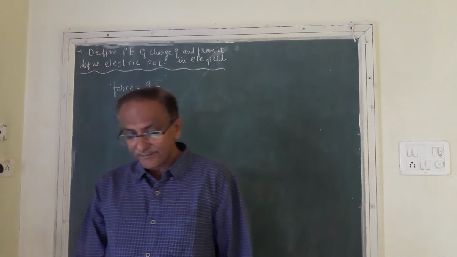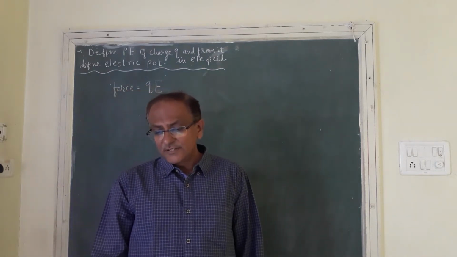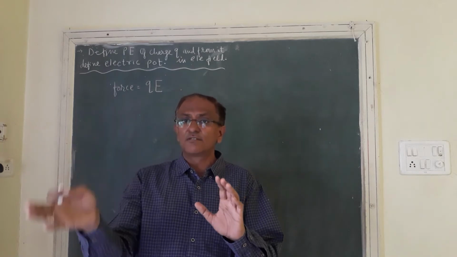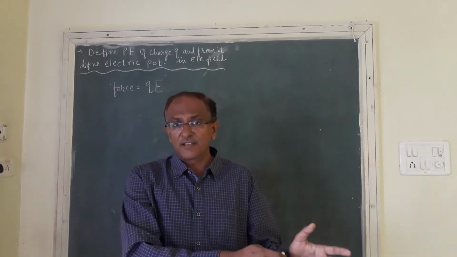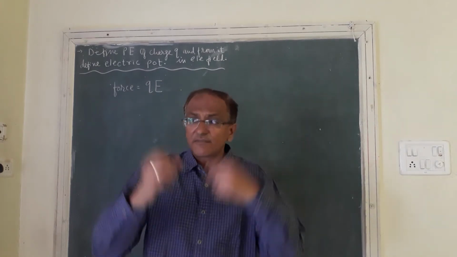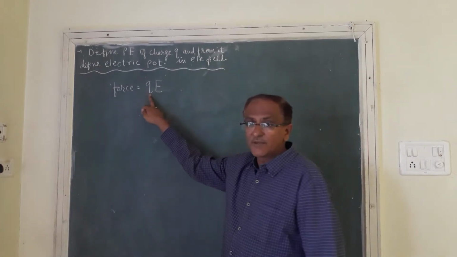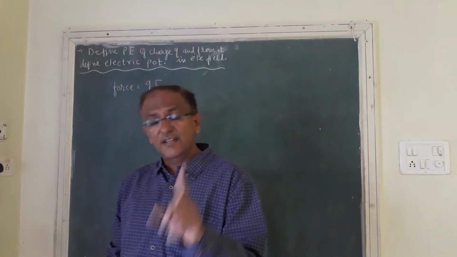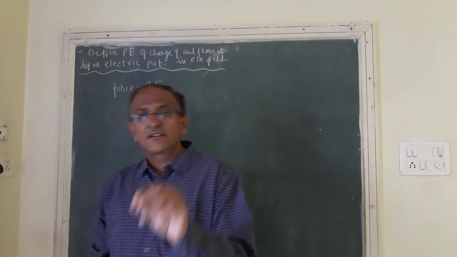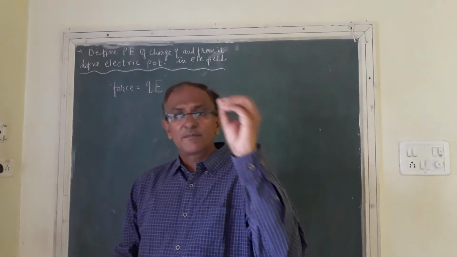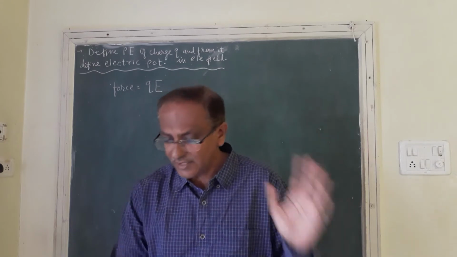Now whatever is the work done when you are taking the charge Q from one point to the other, if that work done is divided by this charge Q, then you will get work done in taking a unit positive charge from one point to the other.